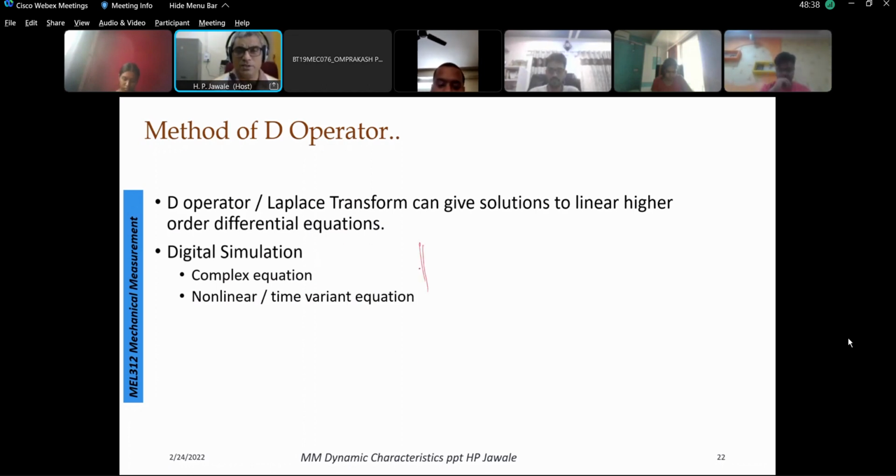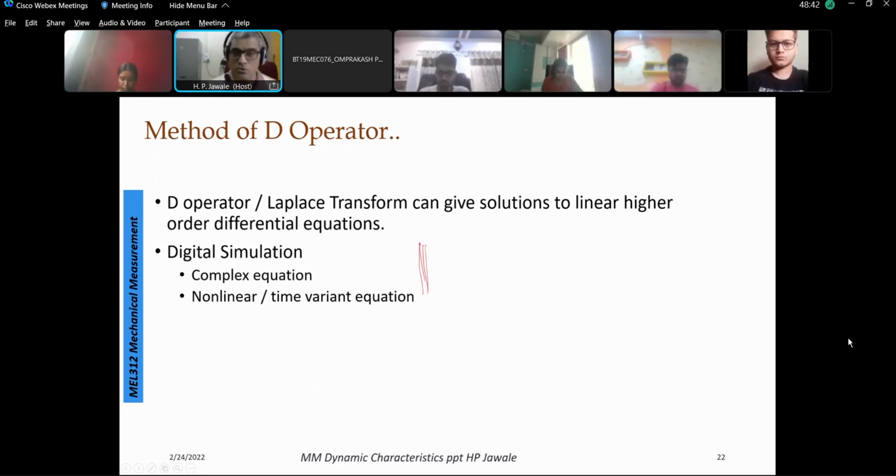If the real-time response of the measurement system is to be taken into account for process control, we go for digital simulation, where complex equations can be solved, even for time varying signals and non-linear kinds of inputs.